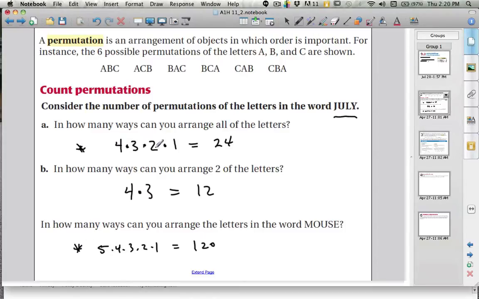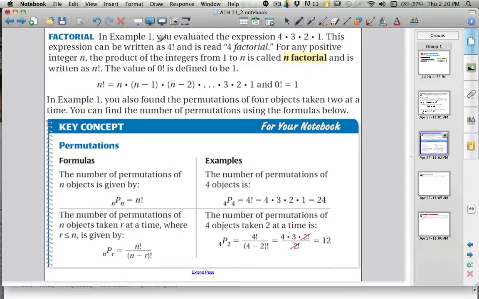These are examples of a factorial. So this is 4 factorial, and it's written 4 with an exclamation point. And this is 5 factorial, it's written 5 with an exclamation point. The exclamation point means factorial. And this is what we were talking about here, a digit times each of the digits below it.